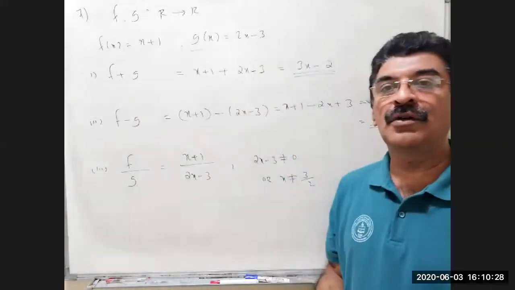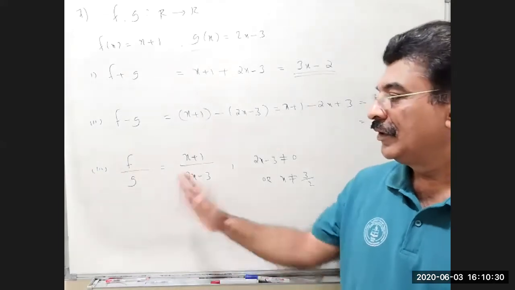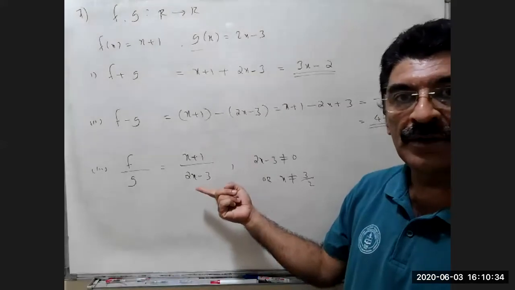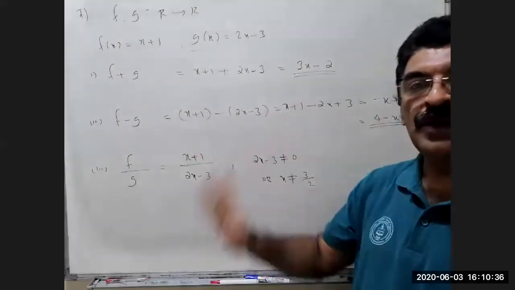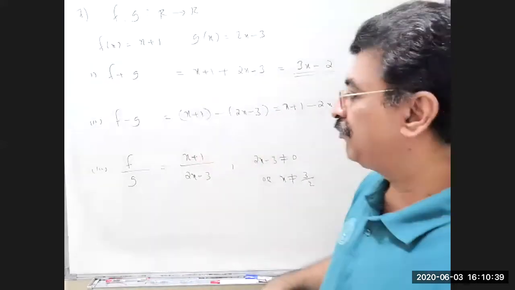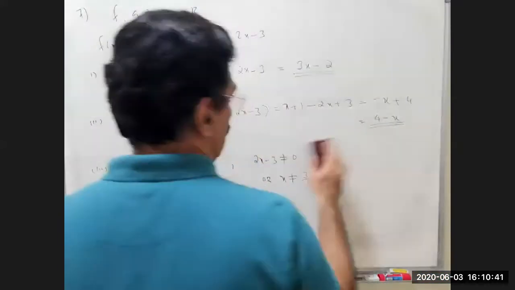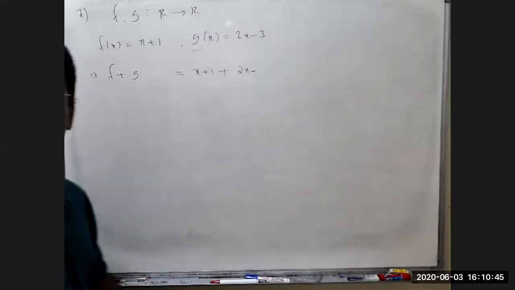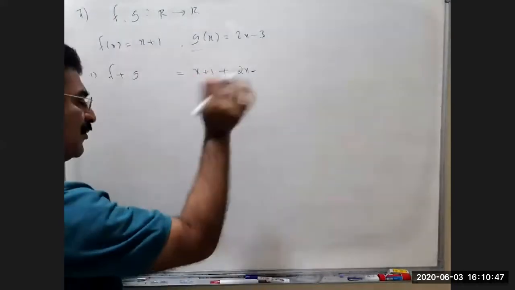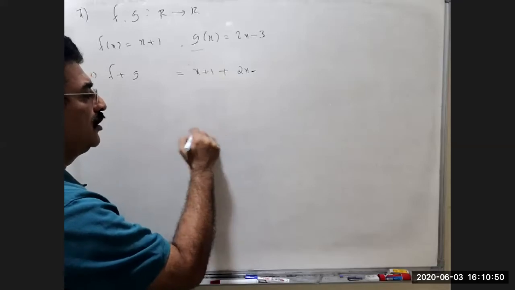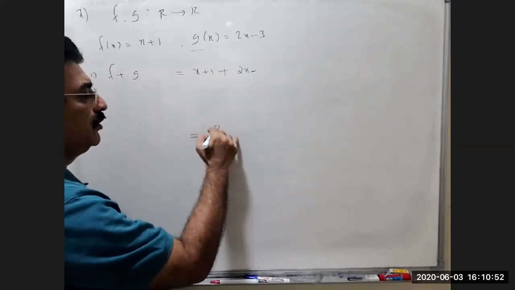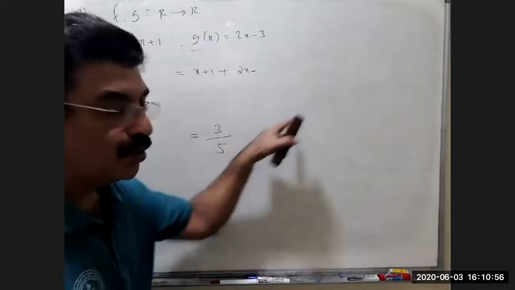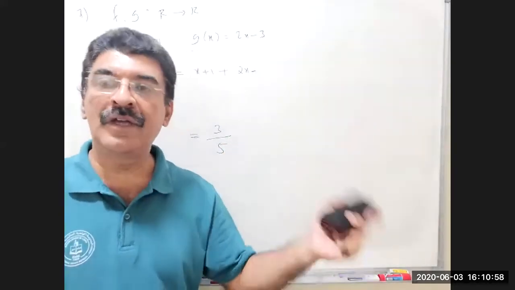It is not given that f by g is equal to 0. It is x plus 1 by 2x minus 3, that's all. It is not equal to something. Suppose that on simplification you get some answer like 3 by 5. Then can you write this is equal to 0? No. 3 by 5 is the answer, that's all.